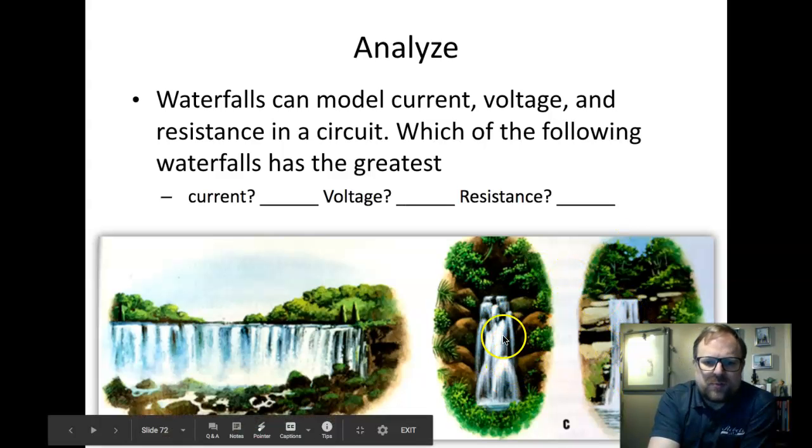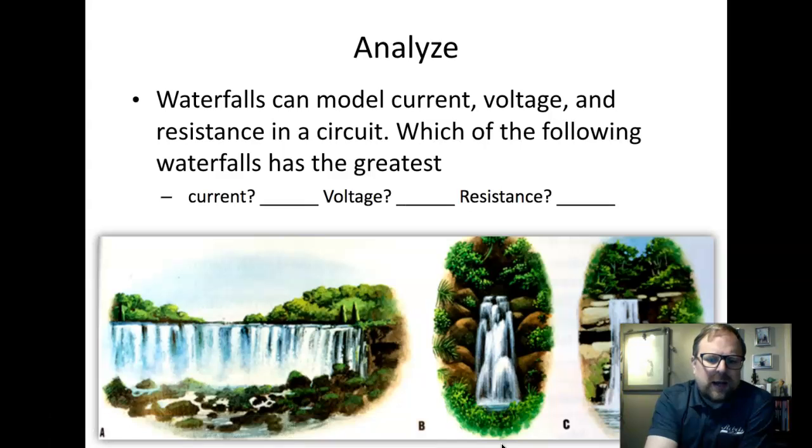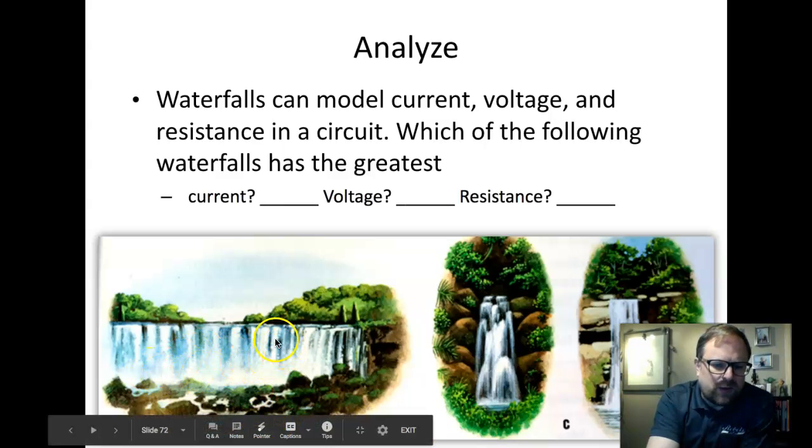Lower voltage, because their potential difference between the top and the bottom is not quite so great. I would say this one has relatively low resistance because I don't see a lot of rocks in between here. But over here, I would say this one has very low resistance compared to this one.